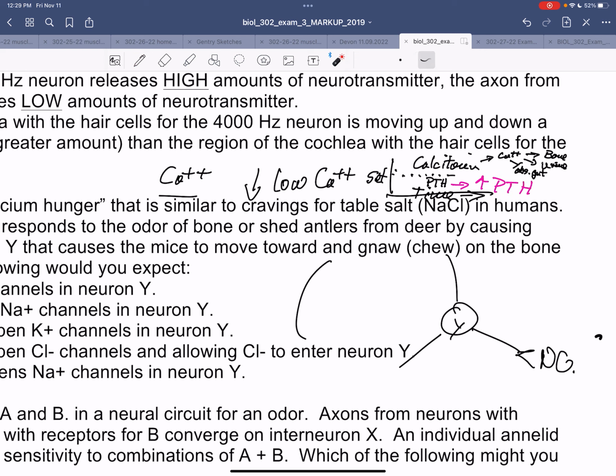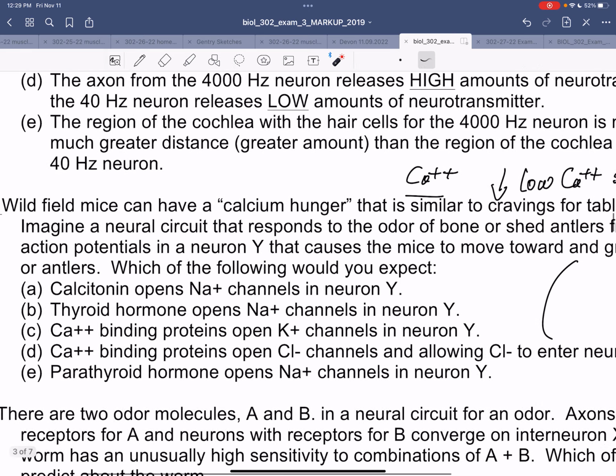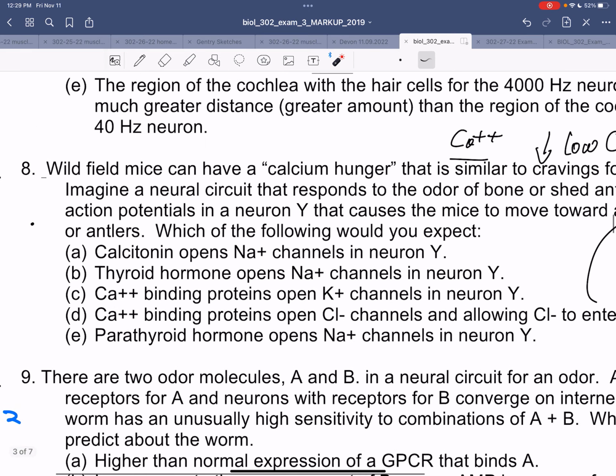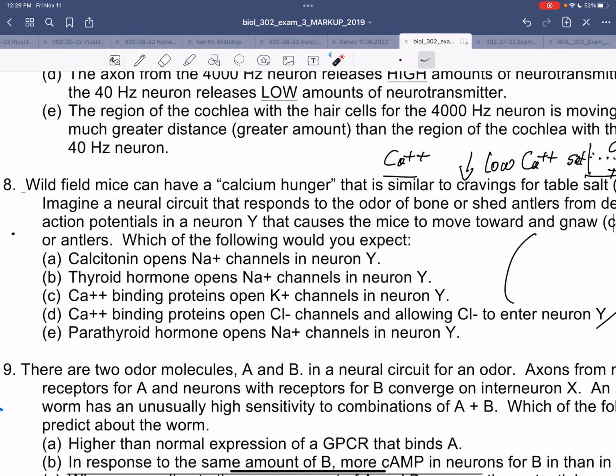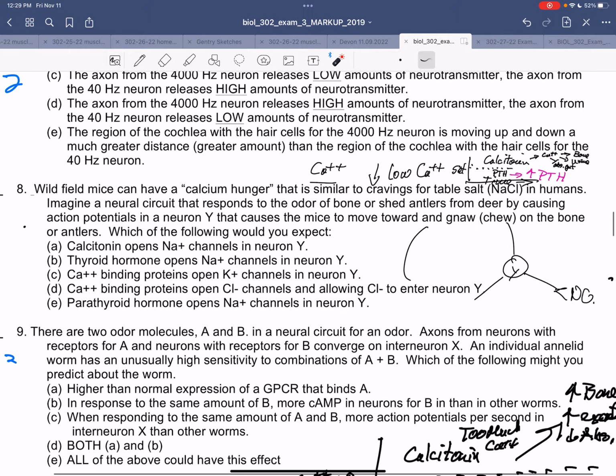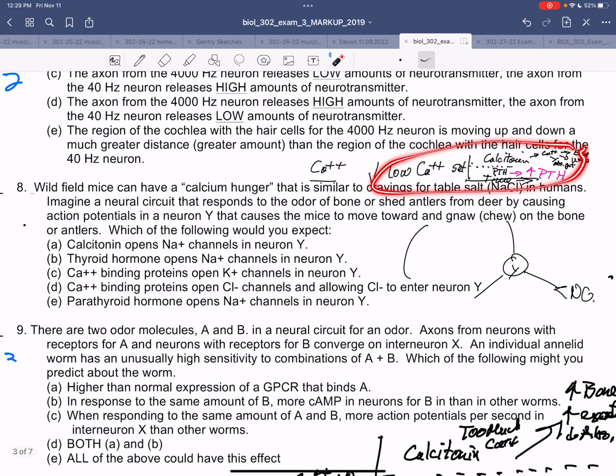Now, you wouldn't necessarily think through all these at once, but looking at the answers here, as you glance through them, calcitonin is one, and down here is parathyroid hormone. So that suggests these two might be involved, and certainly you'd want to know them, even if just to exclude them as wrong answers.